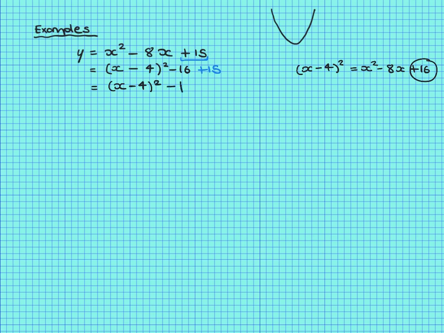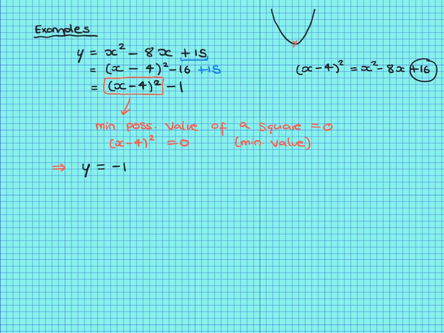Now again, I want to find the coordinates of this minimum point here. So let's look at this portion of the graph. Now, the minimum possible value of a square is 0. So x minus 4 all squared equals 0, and that's the minimum value that the square can take. Now, if this red part is equal to 0, this then gives us y equals 0, take away 1, or negative 1.